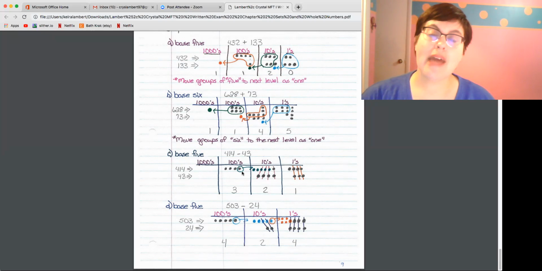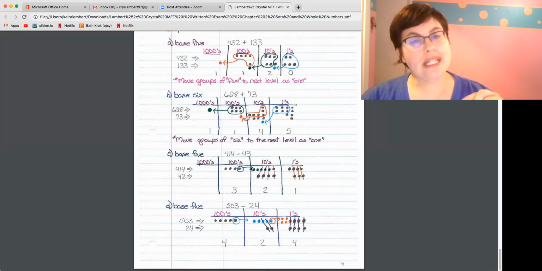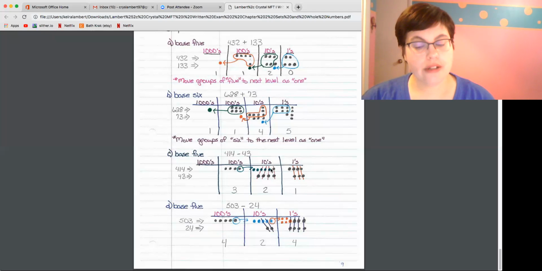So we're going to take that 1 unit from the hundreds, bring it down to the tens. That 1 unit is a group of 5, so we're going to have 5 dots, and you see 5 colored dots there. What you'll notice is as I cross them out, I link the 2 that are canceling. If I'm subtracting 1 here, I'm subtracting it from here, so I'm canceling them out.